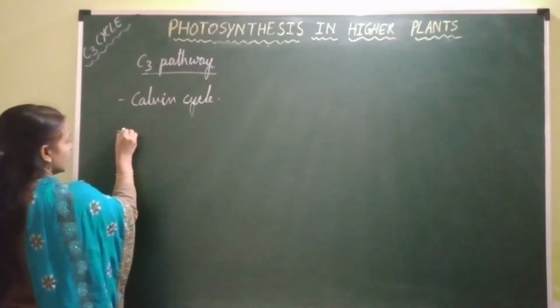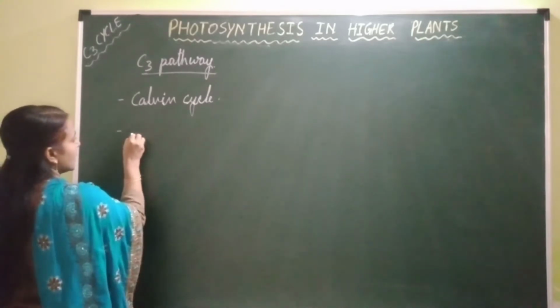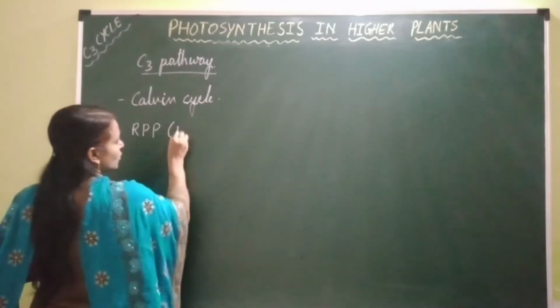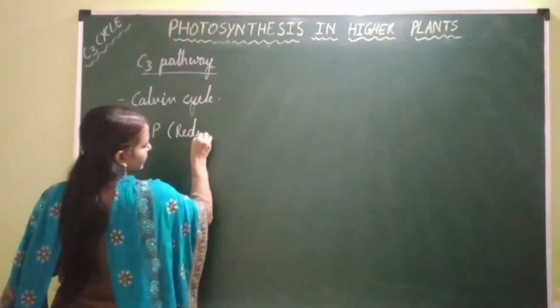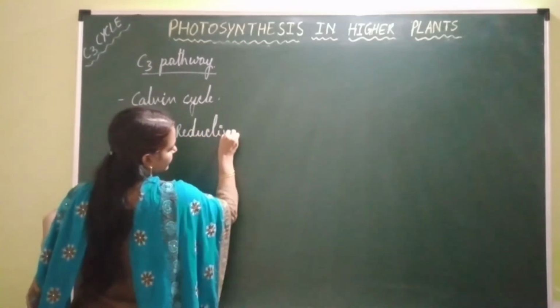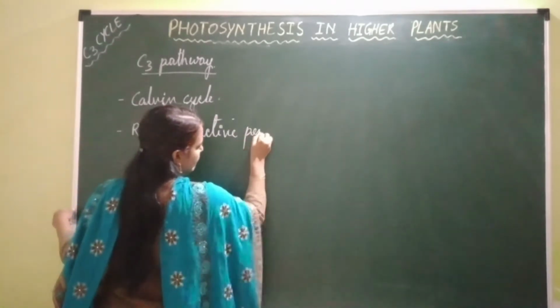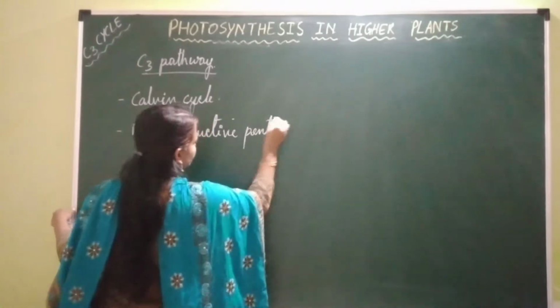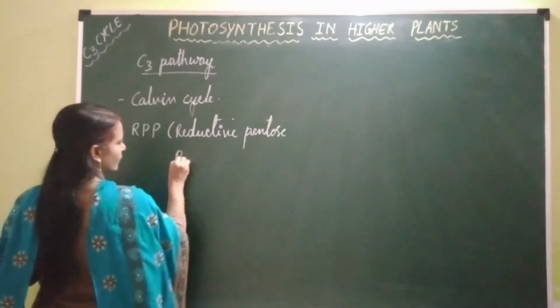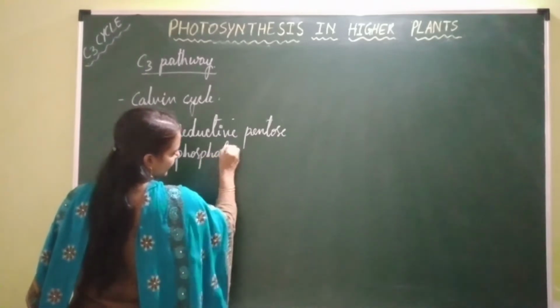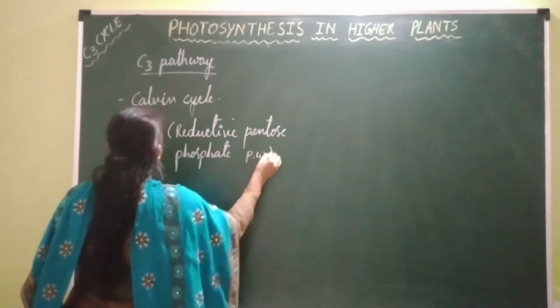The C3 pathway or C3 cycle is also called the RPP pathway, that is the reductive pentose phosphate pathway. Okay, right.